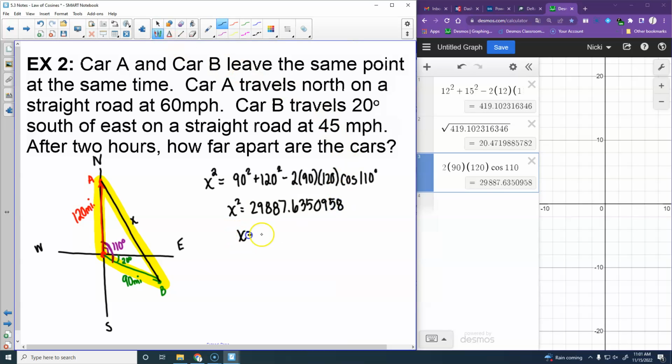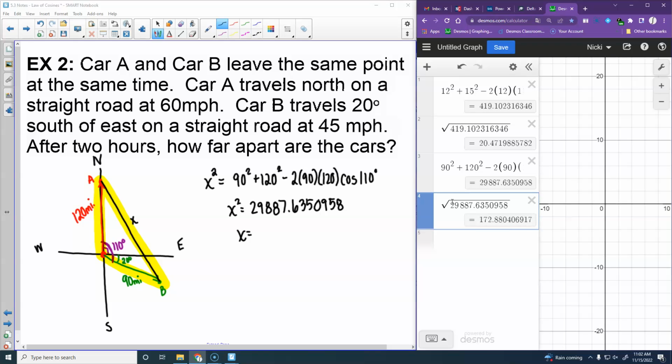And so when we square root this number right here, we will get 172.880. So if we got the helicopter going, I'm thinking they can make it there in half an hour.